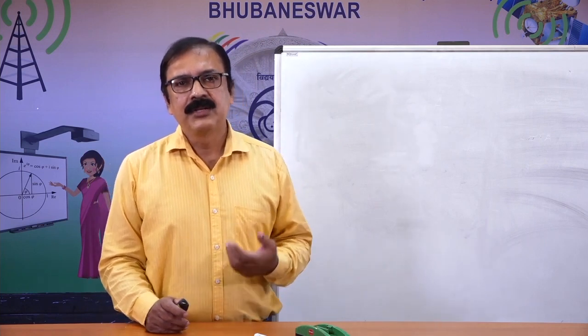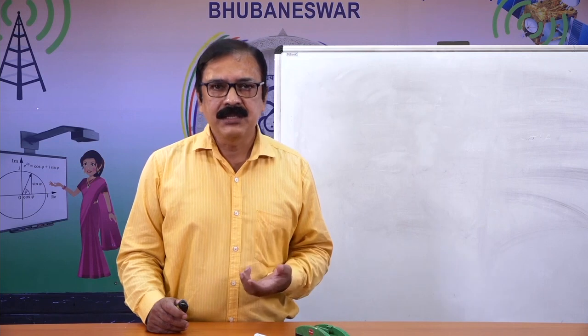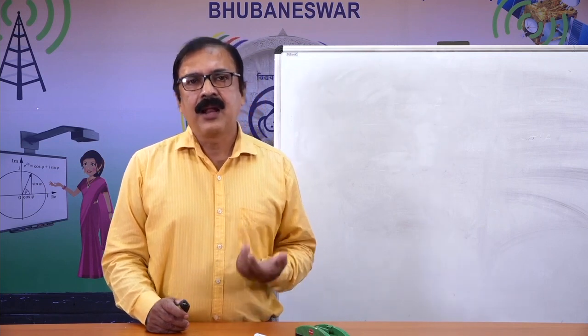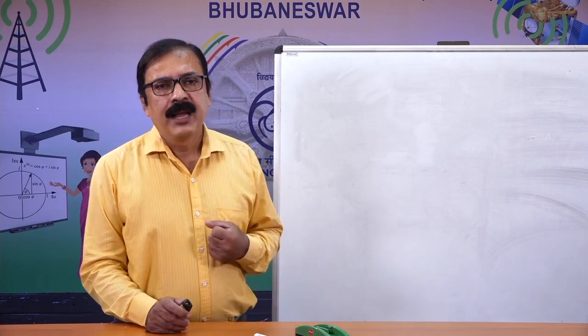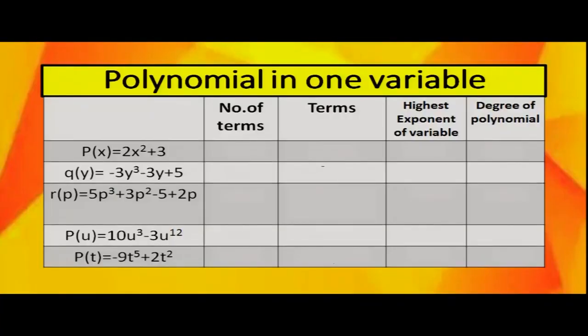Let's see some algebraic expressions and whether they are polynomials or not. In the first one, p(x) is equal to 2x squared plus 3. That means this 2x squared plus 3 is the polynomial, and it is represented by p(x).